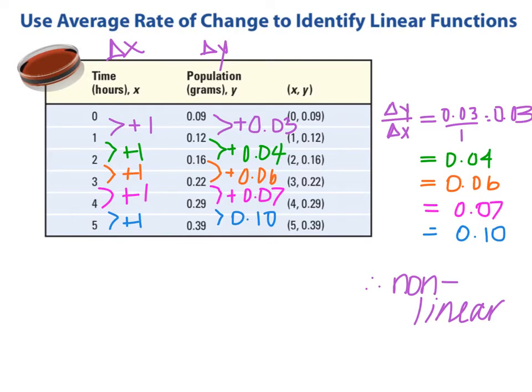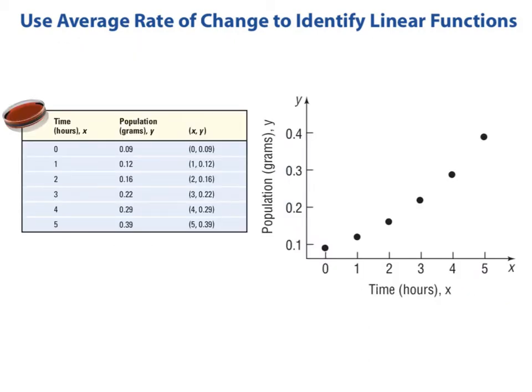So this represents a nonlinear function. Another way to analyze if this data set is linear or nonlinear is to graph the points as they are. Maybe between the first 2 points you could create a line there, but as you keep going, it definitely creates a curve, which is obviously nonlinear.